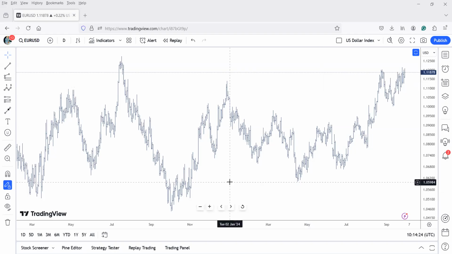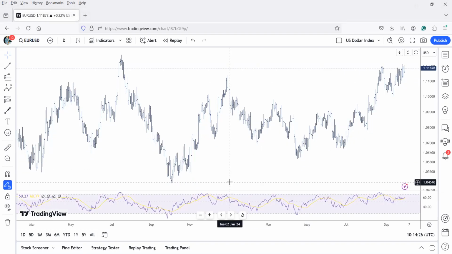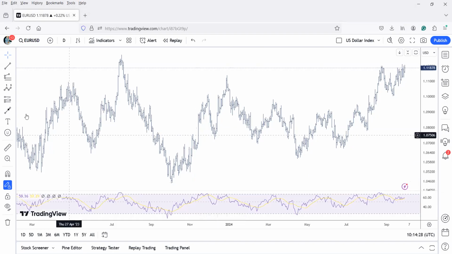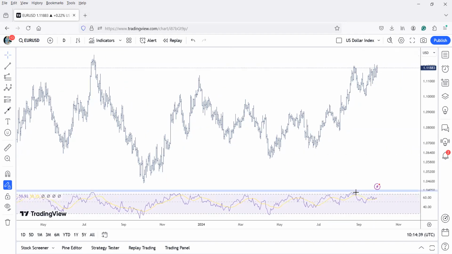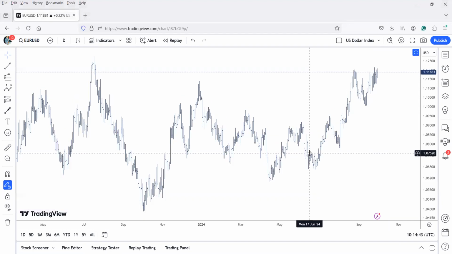All right. First things first, the divergence prevailed. Bearish divergence in the Euro USD continues to prevail despite the rally that we have seen in the recent trading sessions.